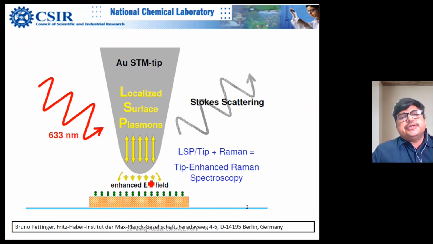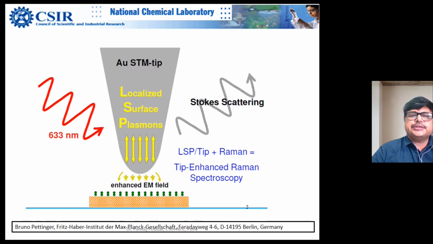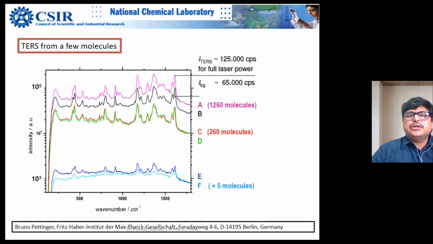Suppose you have some material on a substrate. You can image it using your AFM, and once you identify the area, you can shine the laser and collect the Stokes shift. For example, here you can see that you can start decreasing the number of molecules.